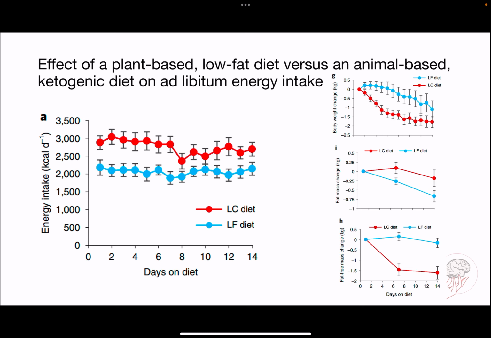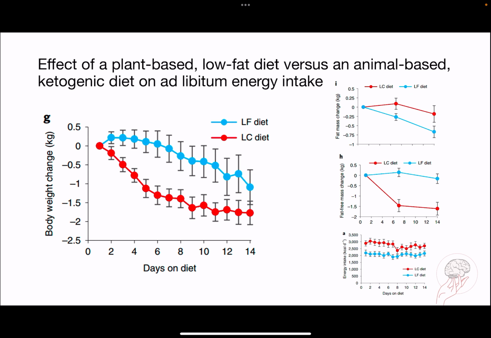But we also saw that the low-fat diet tended to consume fewer calories compared to the low carbohydrate diet.